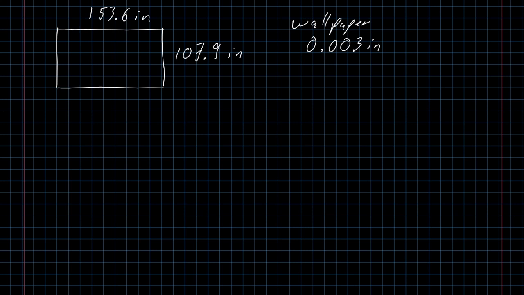Various wallpapers are various thicknesses, but let's go with a wallpaper that is 0.003 inches thick. That's fairly average for the thickness of a wallpaper. What are the dimensions of the room after we apply the wallpaper?